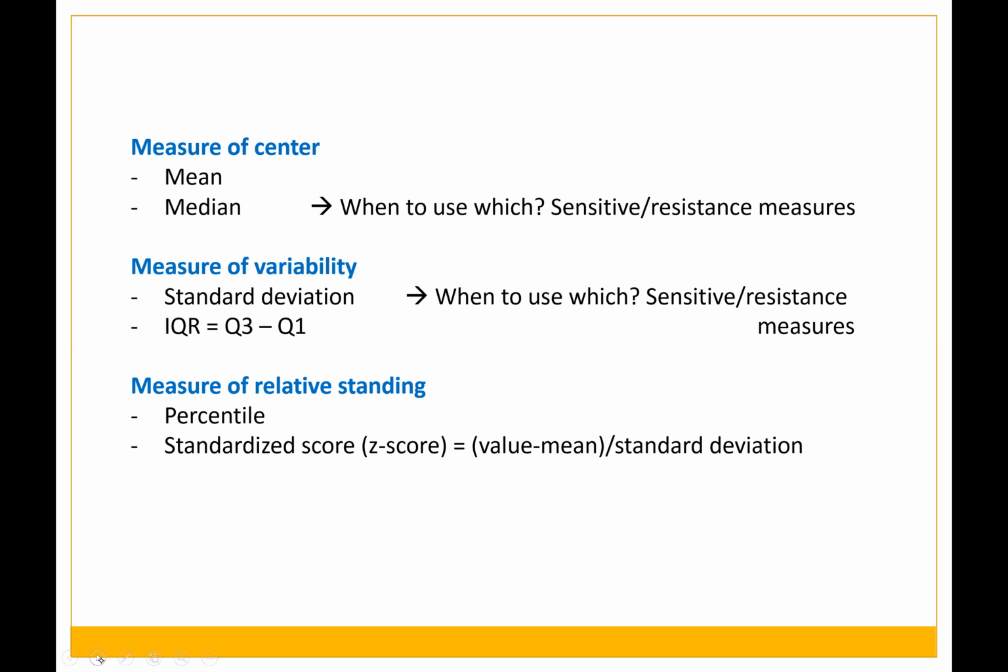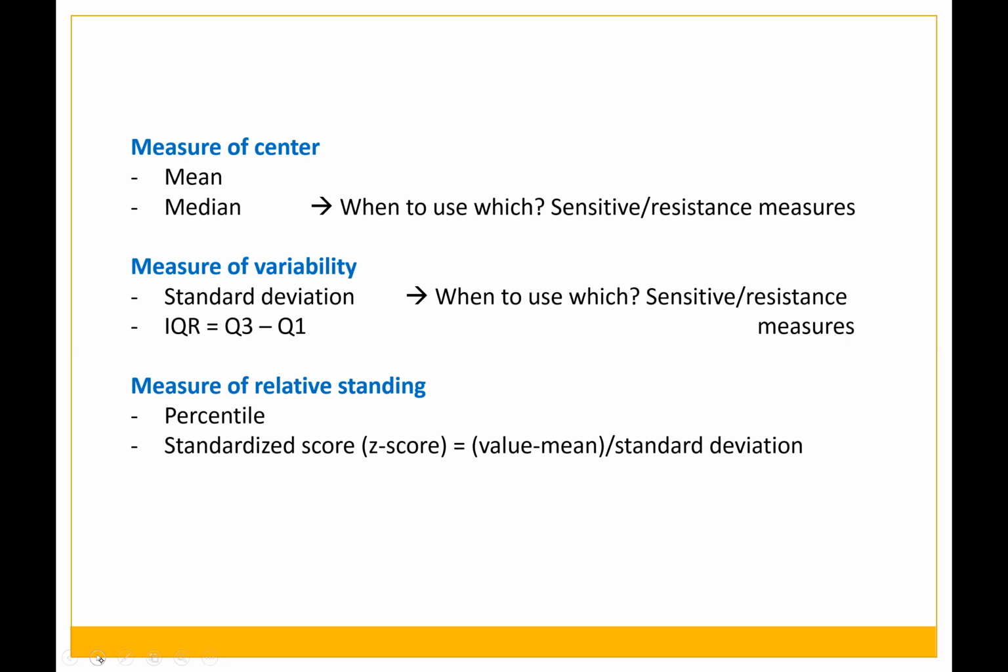Sometimes we also talk about sensitive and resistant measures. The mean is what we call a sensitive measure, because it can be driven very easily by outliers, big outliers or small outliers. The mean value can easily change because it accounts for all the values.